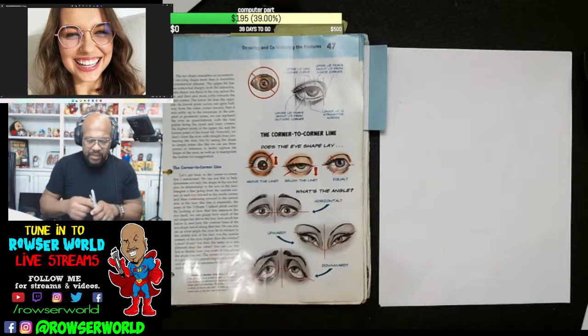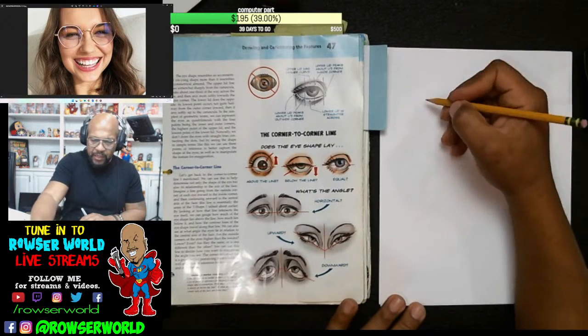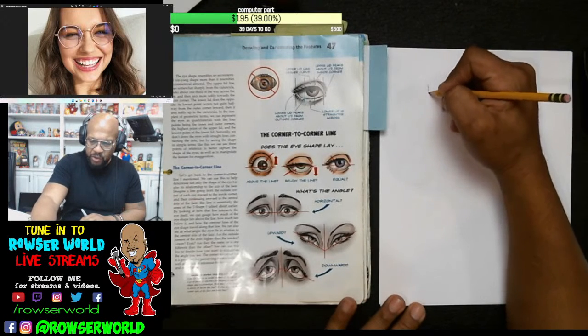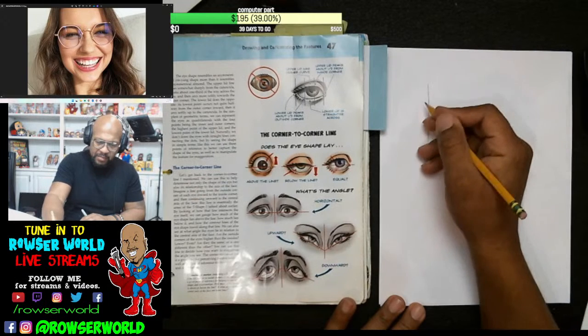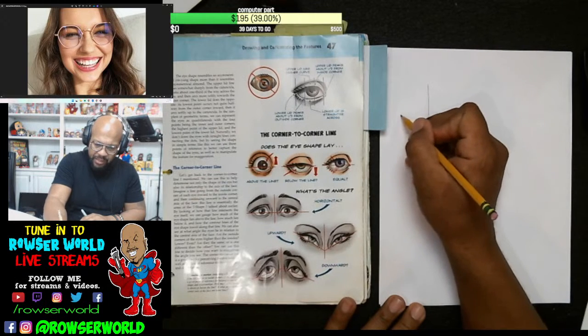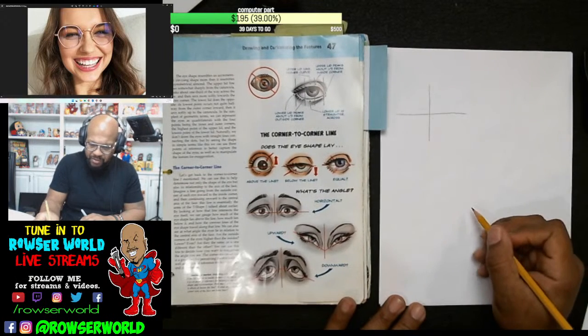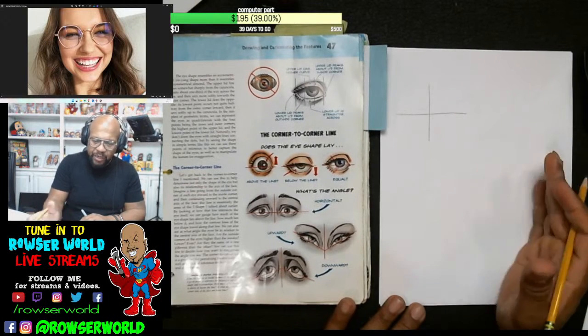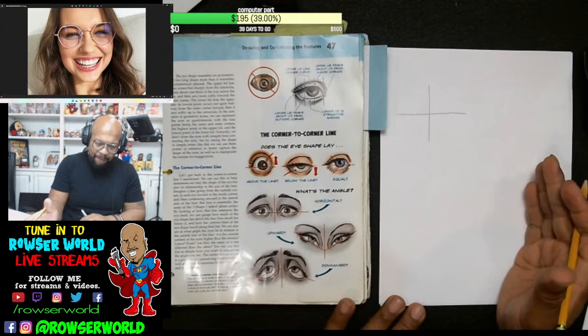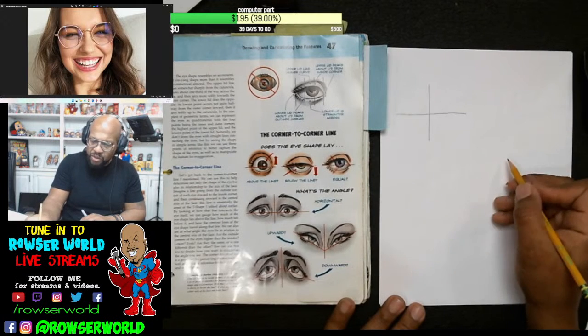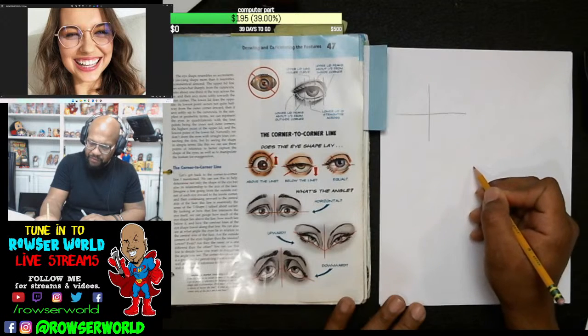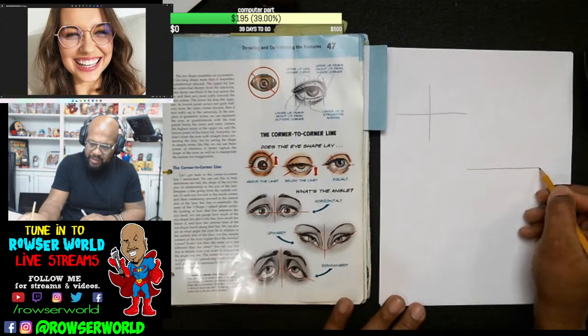All right. Now when we're drawing these eyes, it's all about placement also. So you can use this little T shape here, which you'll see most of the time when artists draw a face. So you have 3 different angles eyes can be drawn at. And you just want to look and see which one fits for you. All right.